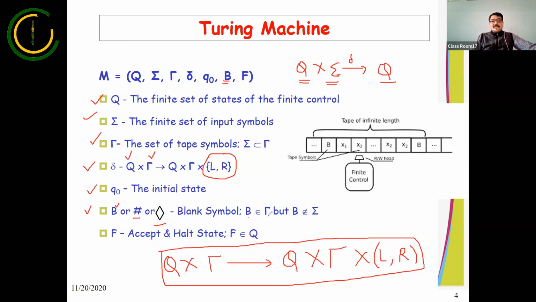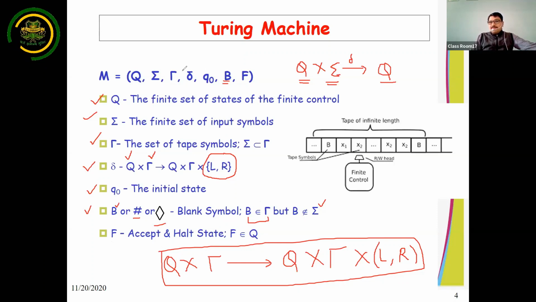And blank always belongs to tau, as I already told you, but blank does not belong to sigma, because sigma is the input alphabet. So the blank symbol is never part of the input alphabet. Are you getting this point? And F is the final state, or you can say the accepting state.